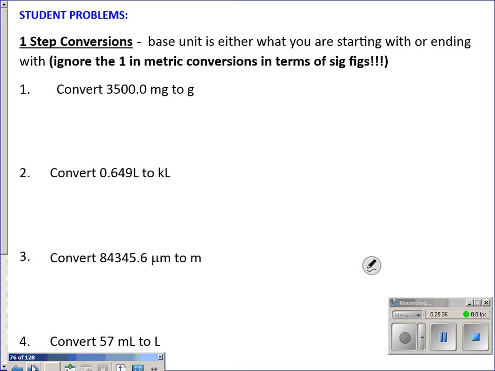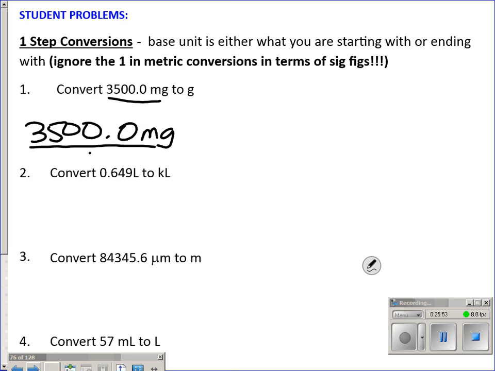All right, so these are single-step conversions. Show what you're starting with and move on. Obviously, this is the number we're starting with, which is 3,500.0 milligrams. You can write this over 1, if you feel like that helps you recognize numerator and denominator. And I'm going to convert to grams, so I'll put my multiplication symbol.